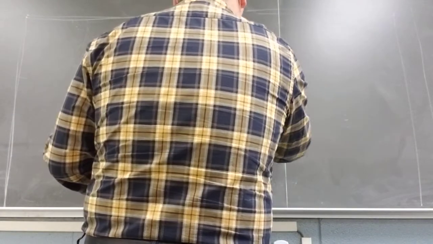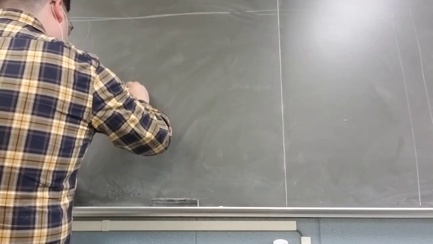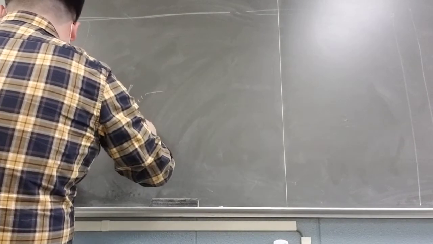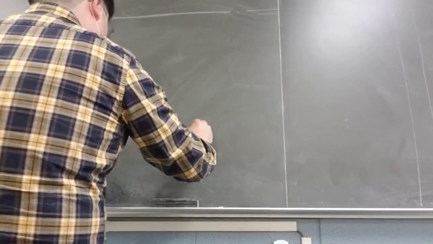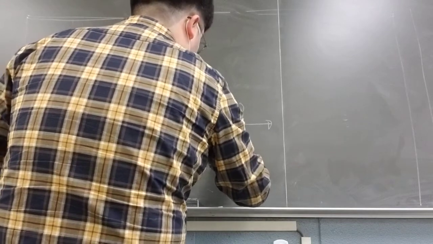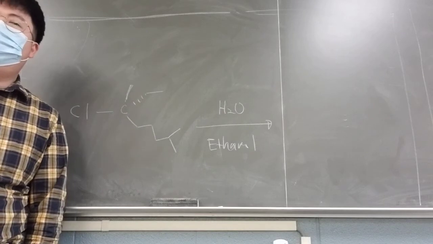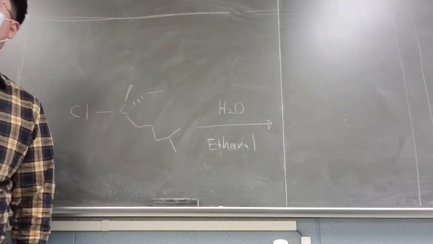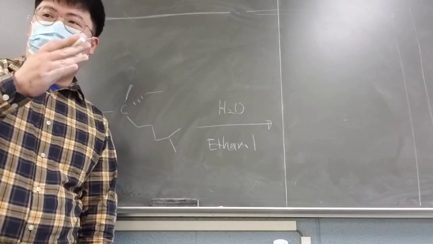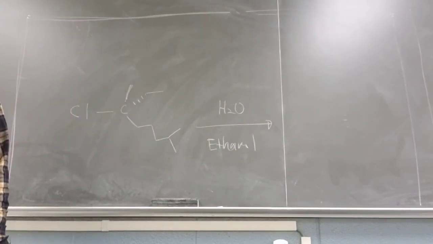After this, we talked about SN1, and this is the example I showed you before. Here's the thing, I totally understand it's so hard to distinguish SN1, SN2, and later we're going to cover elimination too.